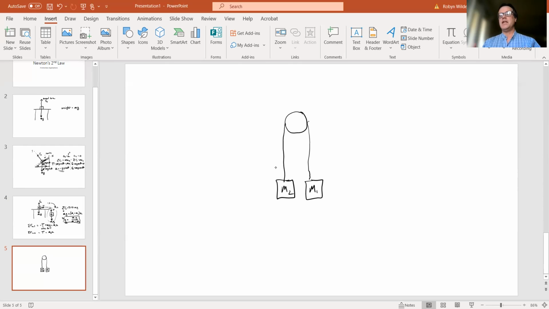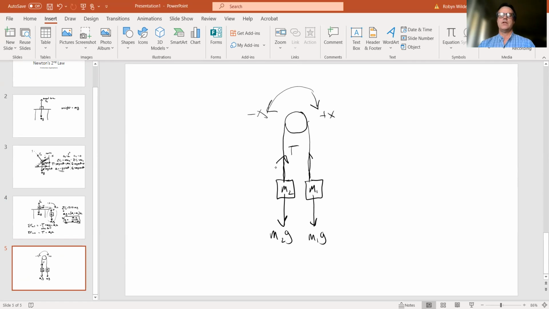Now, if the masses were equal, there would be zero acceleration, because m2g is pulling this way, in my negative x direction, and m1g is pulling the other way, in my positive x direction. Now, there are tension forces in the rope.